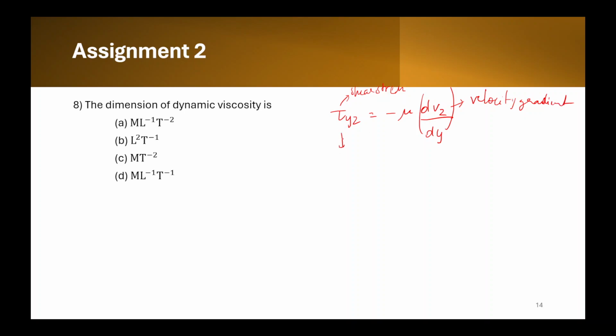Now shear stress has a similar connotation as pressure, and the dimension and the unit of shear stress is the same as pressure.